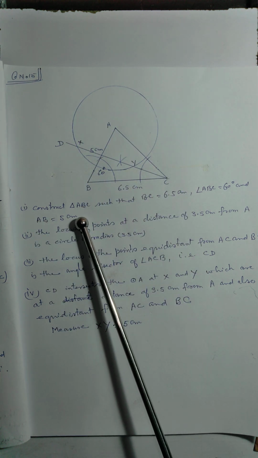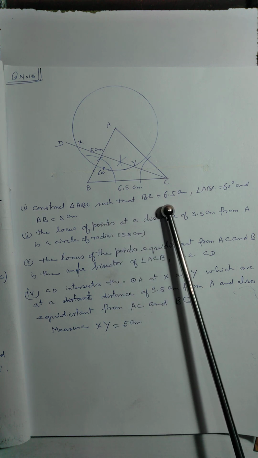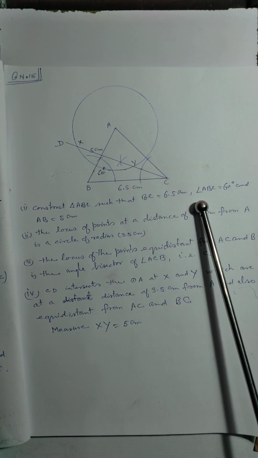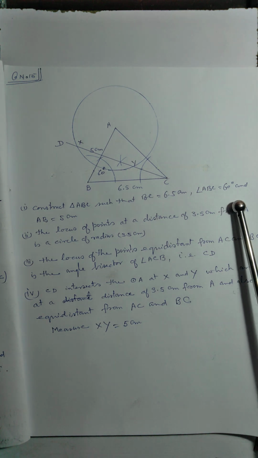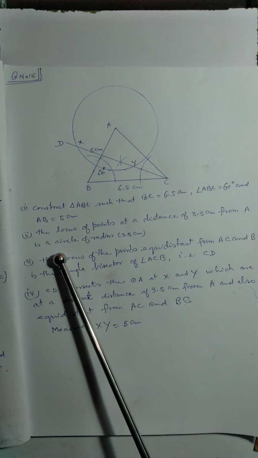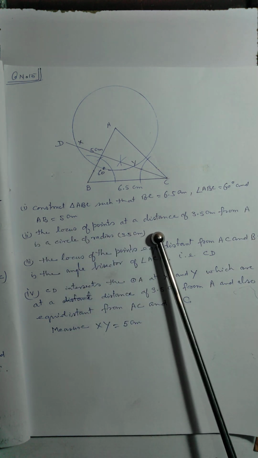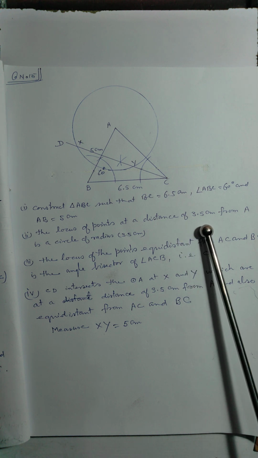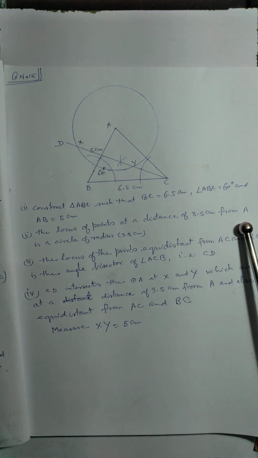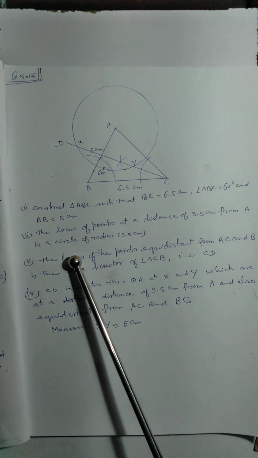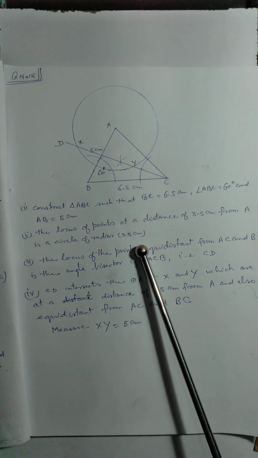You see, construct the triangle ABC such that BC is equal to 6.5 centimeter, angle ABC is 60 degree and AB is equal to 5 centimeter. The locus of the point at a distance of 3.5 centimeter from A is a circle of radius 3.5 centimeter.